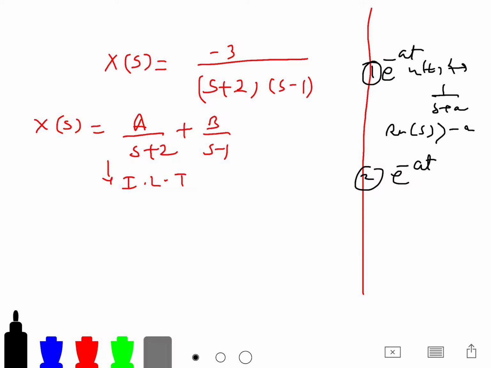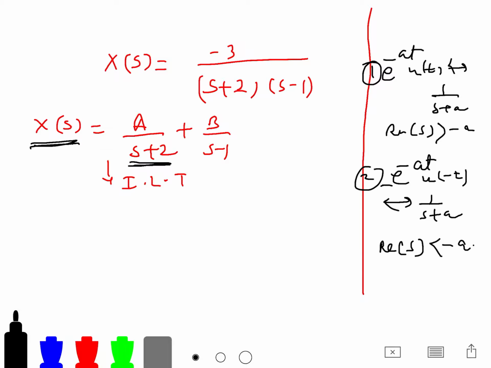And the second pair is e to the power minus at, u of minus t, which has a Laplace transform 1 upon s plus a, with the region of convergence that the real part of s is less than minus a, right? But look at this transform.